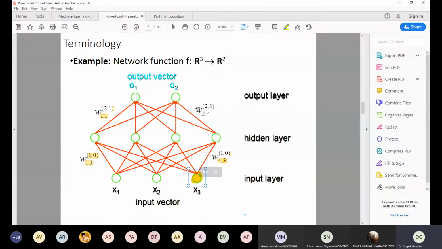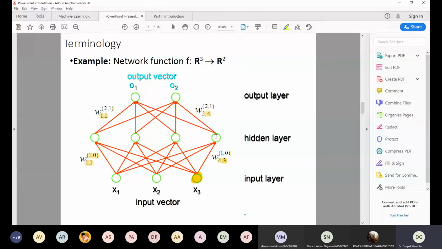Similarly, this w24 is second output unit and fourth hidden unit. Similarly, this w11 is first output unit and first hidden unit. The first index means where it is going, and the second one is where it is coming from.